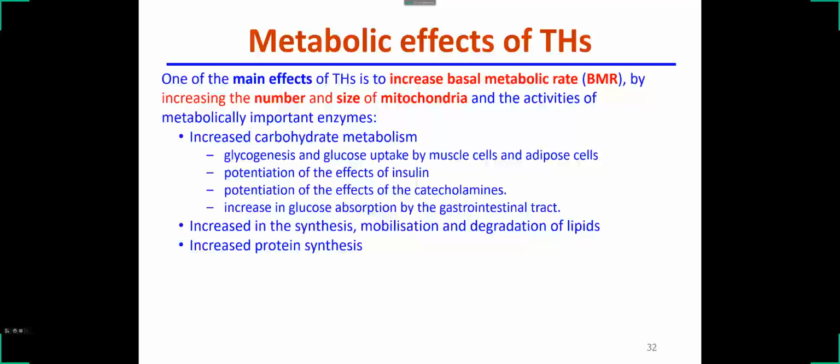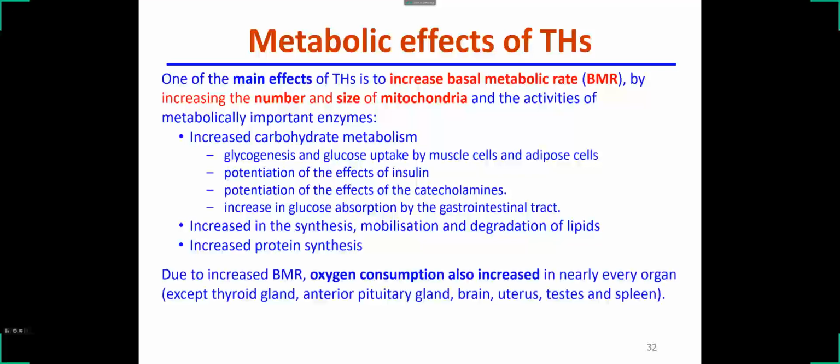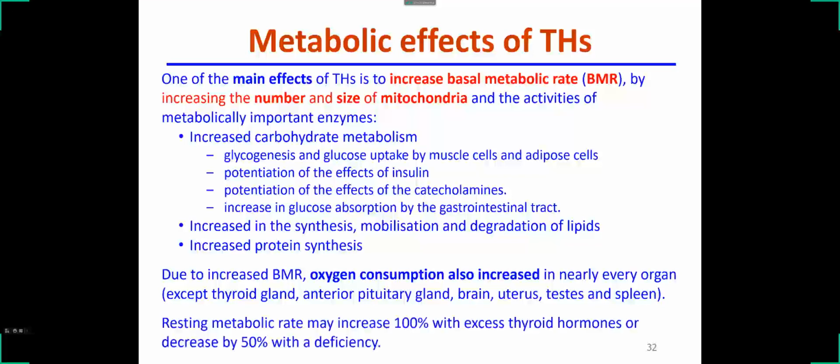Thyroid hormones will increase protein synthesis in general. And due to this increased basal metabolic rate, oxygen consumption is also increased in almost every organ, okay? Exceptions are the thyroid, anterior pituitary, brain, uterus, testes, and spleen. But certainly in, say, the skeletal system or an adipose system, you'll see a change.